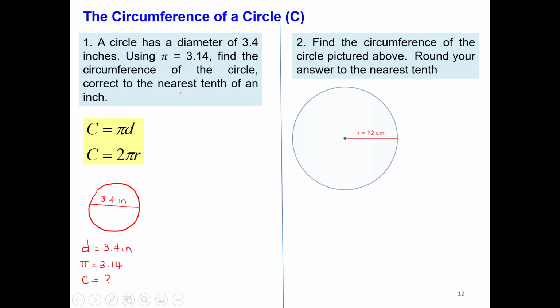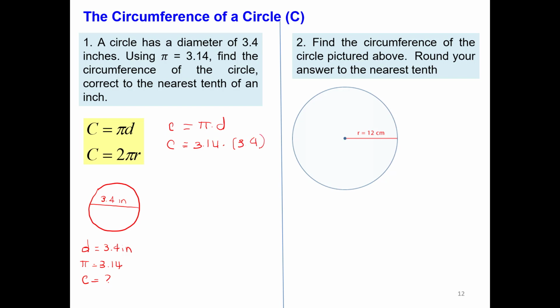And let's calculate the circumference, because we know the diameter is 3.4 inches. Then we can apply the first equation to solve this problem. Then the circumference equals pi times the diameter, then the circumference equals 3.14 times 3.4, and we will write the units at the end.